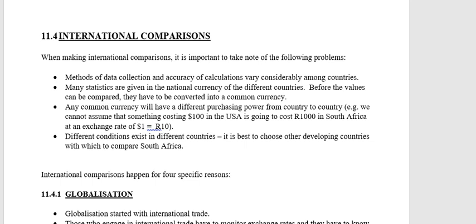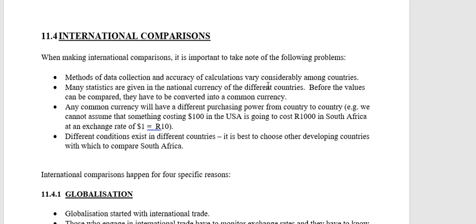Why do we make economic comparisons? What do we need to remember when we compare the indicators of different countries? The first thing is that the methods of data collection and the accuracy of calculations vary considerably among countries. Obviously, there are certain calculation methods that are standardized, but not all of them are.